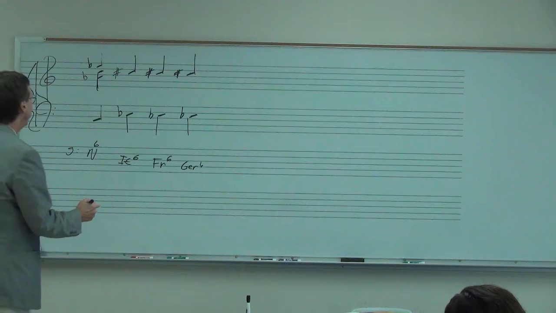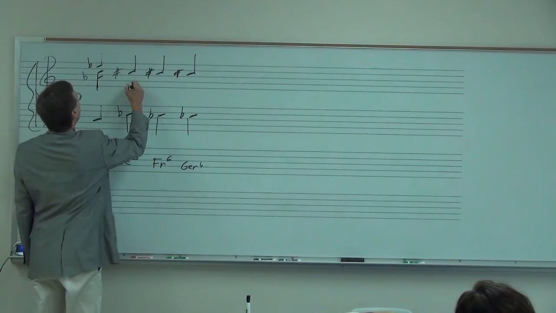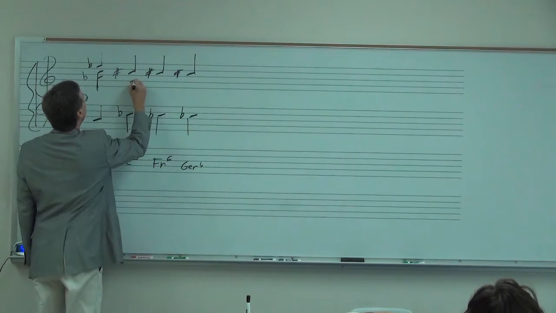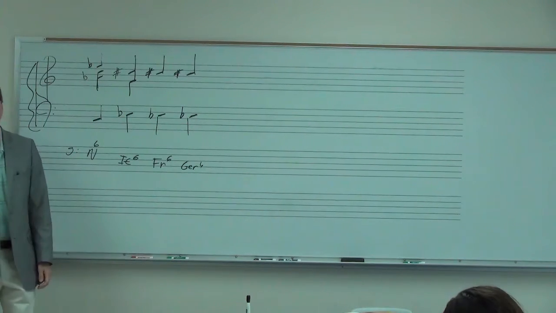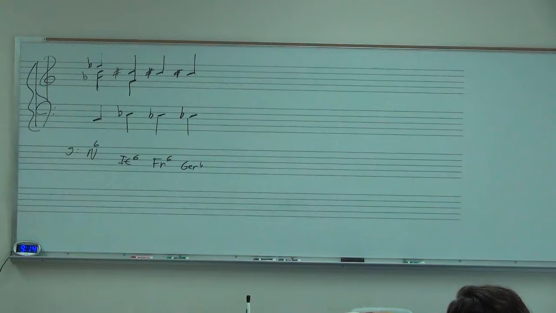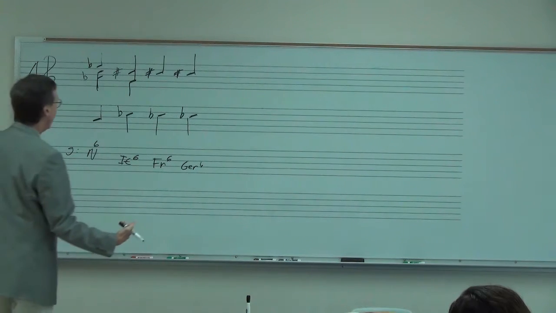For the Italian sixth, we double the third above the bass. If your keyboard style is other than that, it's wrong. You've written the wrong note if the stems are wrong. It's important that you have four unique voices. Doesn't matter about the sound.